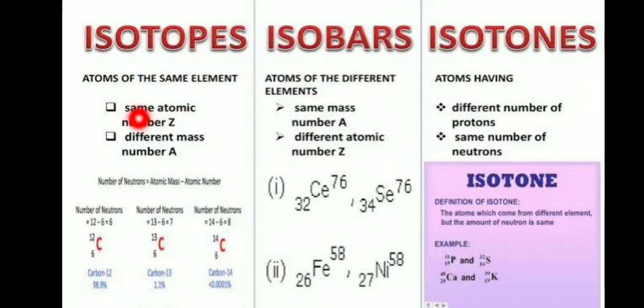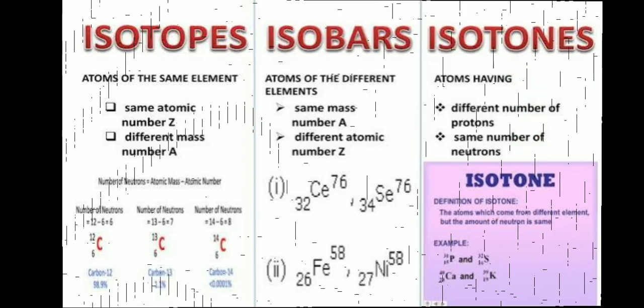Same atomic number, different mass number is called isotopes. Same mass number, different atomic number is called isobars. Different number of protons, same number of neutrons is called isotones. It's a very important question.